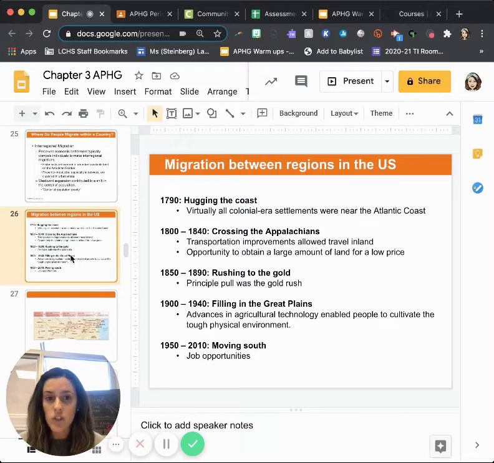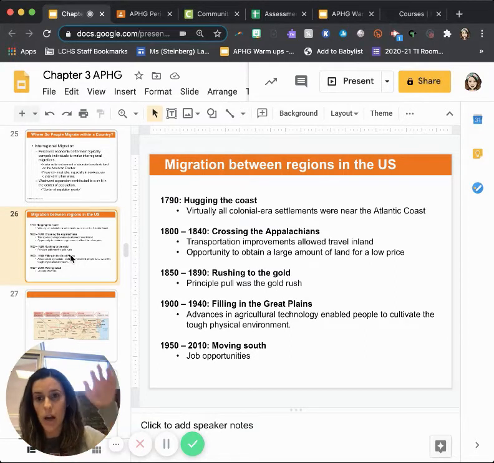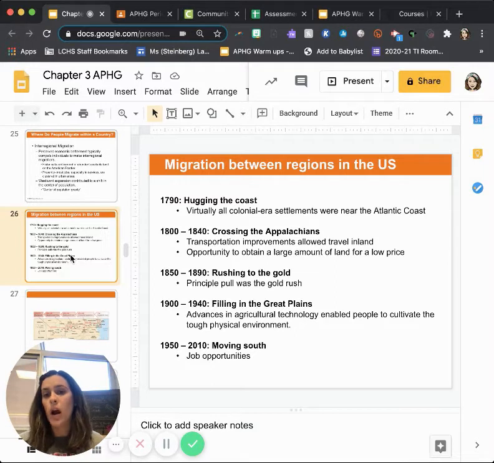All right, so you've got this little chart, migration over time in the United States. In 1790, like I said, virtually all of the US population was hugging the East Coast. Our colonial era settlements were definitely there, right? Think Boston, think Jamestown, and they were again on the Atlantic coast. Between 1800 and 1840, we see people starting to cross the Appalachian Mountains.